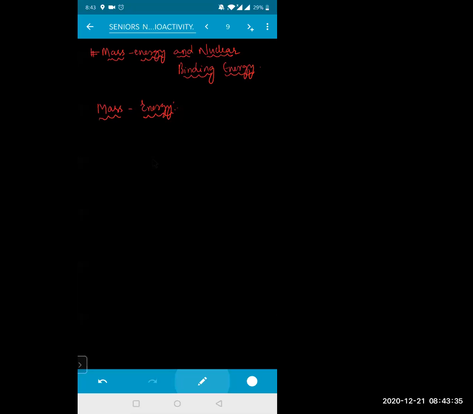See, according to Einstein, mass is another form of energy, beta, and it can be converted from mass to energy and energy to mass, or into some other forms of energy like kinetic and vice versa.